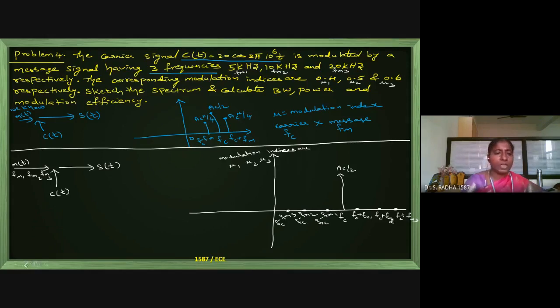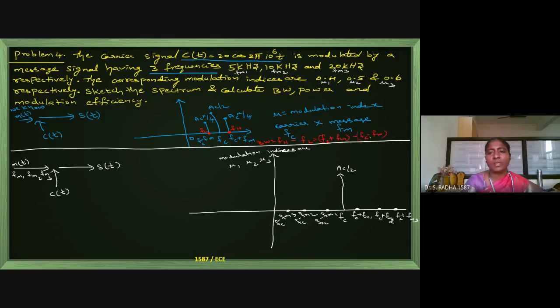Now, in the previous case, bandwidth means higher cutoff minus lower cutoff. The higher cutoff is Fc plus Fm, and the lower cutoff is Fc minus Fm.